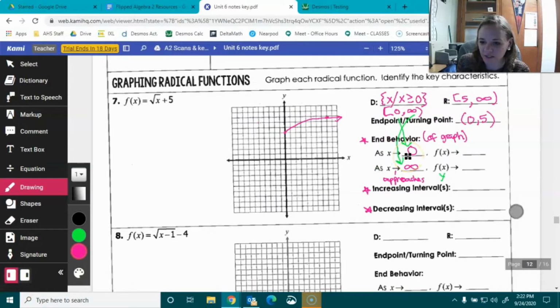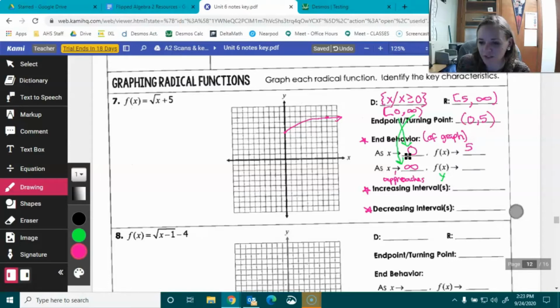So as x is going to 0, my y is going to what? Yeah, 5. It's like decreasing down to 5. So we're going to put 5. And then that decreasing part, we're going to get to that down here. As x is going positive, so to a positive infinity, that would be this direction. As x is going this way, what are my y's doing?